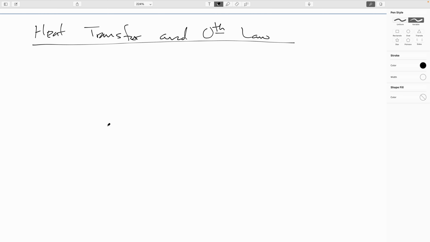In the example I did when I first introduced the Zeroth law, I talked about a salt crystal. But here, since we've been talking about gases, what we can imagine, this is the usual way you do it, is you imagine a super duper thin wall. I usually call it a membrane.